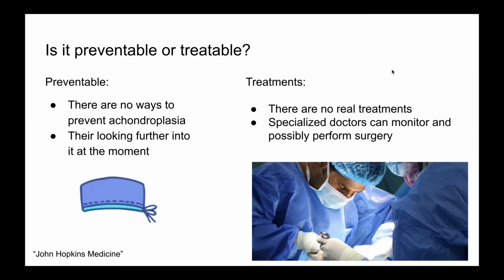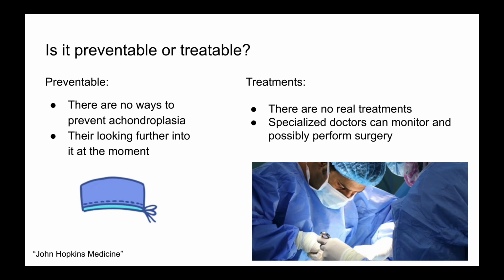Is achondroplasia preventable, and is achondroplasia treatable? Right now, there are no ways to prevent achondroplasia. Researchers are looking further into the subject but have not found an answer. For the most part, it has been said that through genetics, achondroplasia will happen.